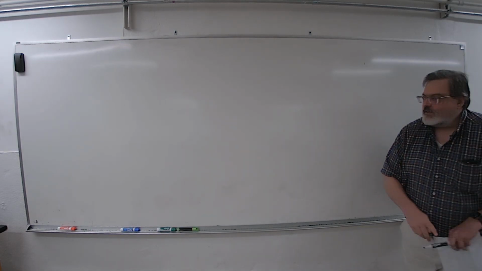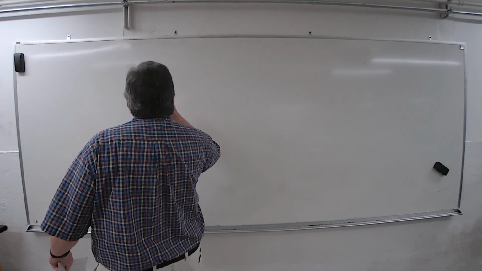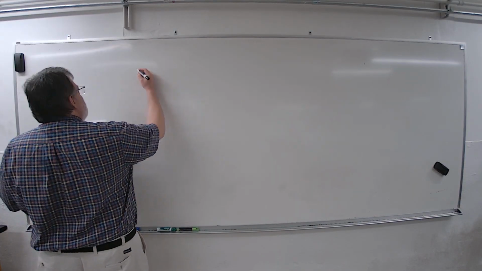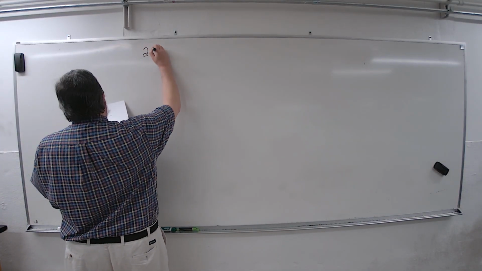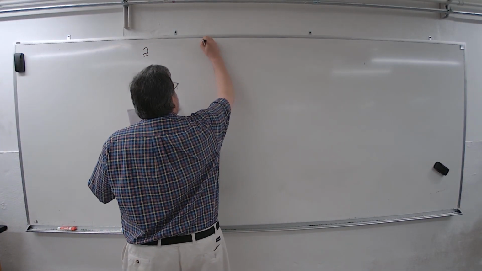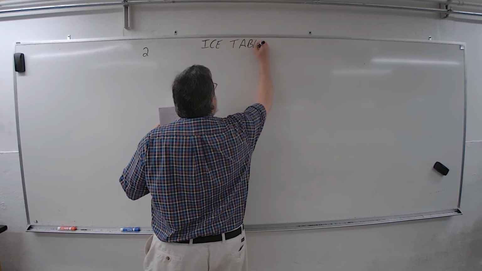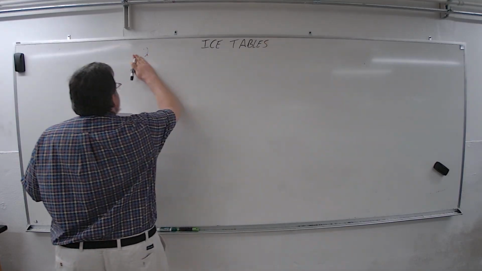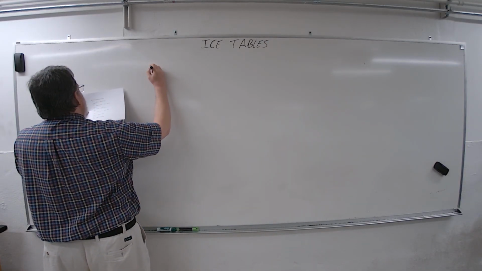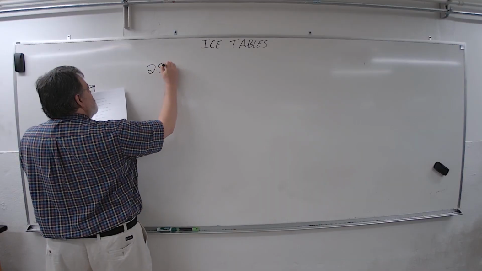ICE tables are like this. You have a reaction. Let's say you have this reaction, 2X O3.